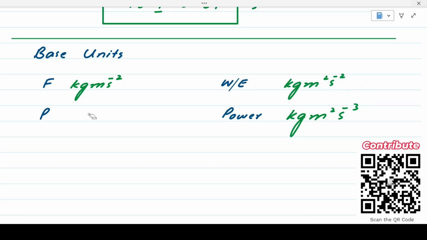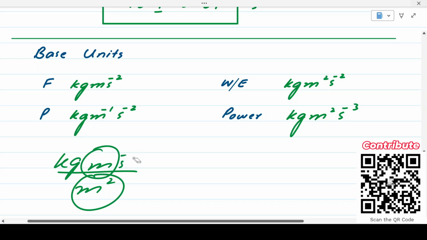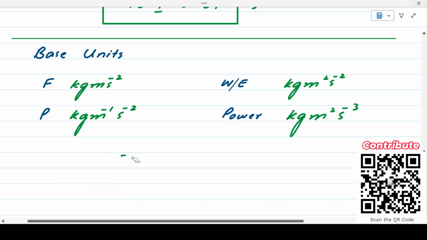And pressure would be kg m^-1 s^-2, because pressure is basically force divided by area. The s^-2 stays as it is, and the m^-2 downstairs finally makes it m^-1.